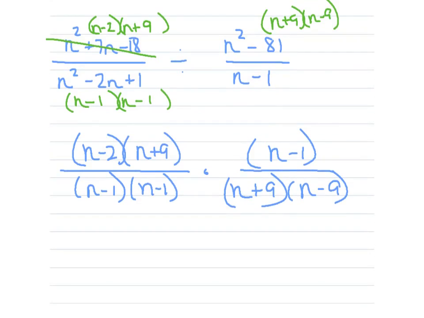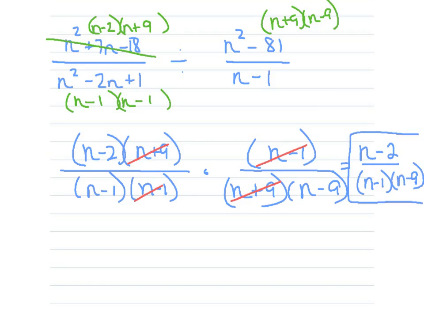Okay, now let's cross cancel. N plus 9 and n plus 9, n minus 1 and n minus 1, and that's all I have. Now let's multiply across. Here I have n minus 2 over n minus 1 times n minus 9, and that's my solution.